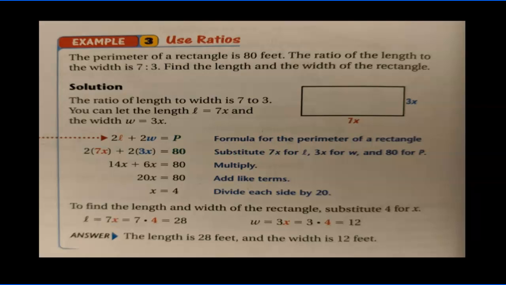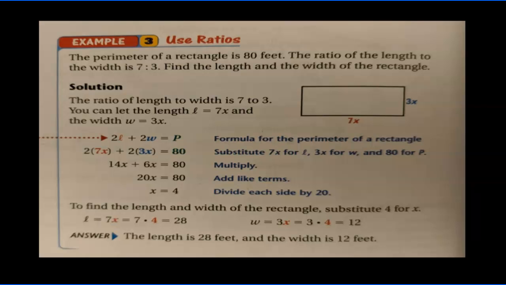Now we've got to remember some things about the rectangle, and some things about perimeter. Remember, we've dealt with perimeter and area before in algebra. Area is like if I'm going to buy carpet for my house. I need to measure one wall, pretend it's a rectangle, and then another wall, and do length times the width, and that's area.